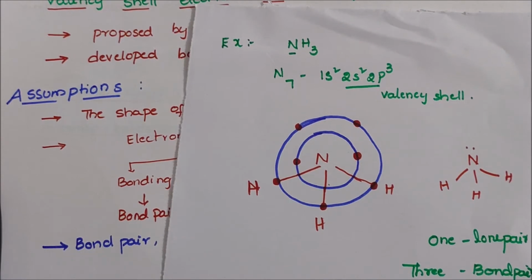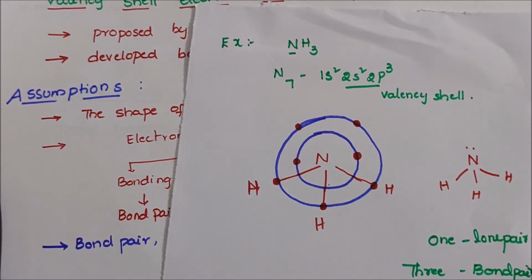In NH3, the central atom is nitrogen. The atomic number of nitrogen is 7, so the electronic configuration of nitrogen is 1s2, 2s2, 2p3. Here the valence shell, the outermost shell, consists of 2s and 2p sublevels having 5 electrons.